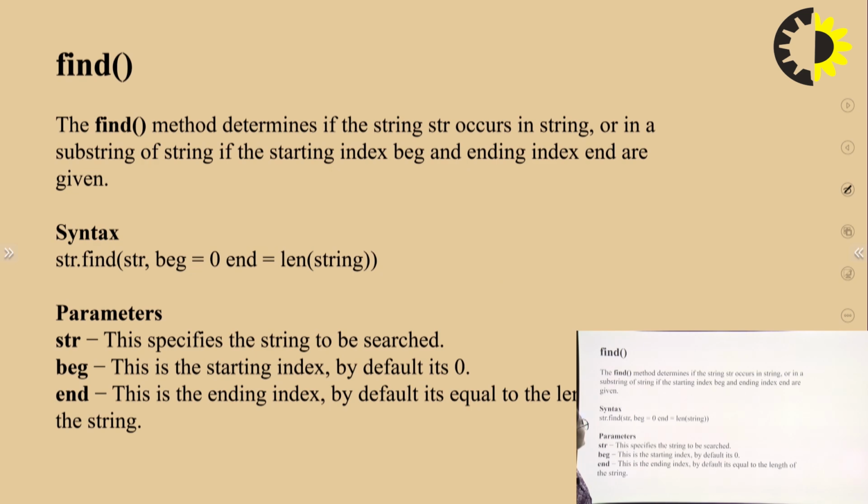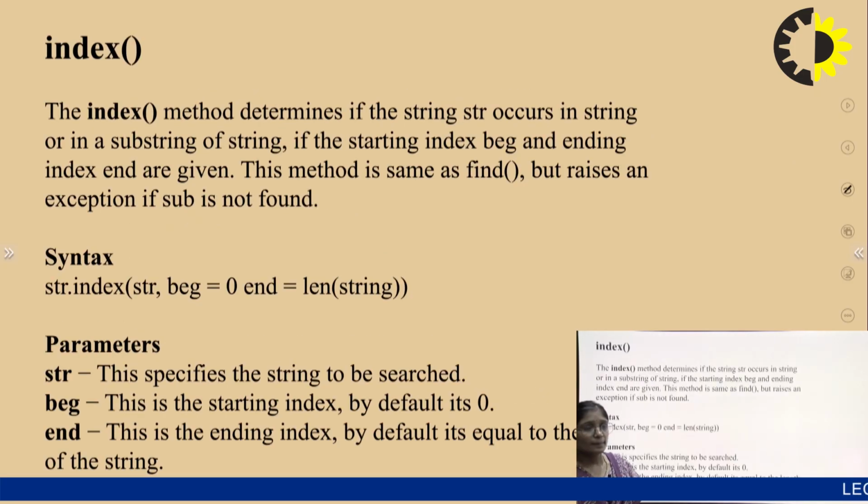Next is find. The find method determines if the string occurs in a string or in a substring of a string, if the starting index, beginning and ending index are given. Now, what is the syntax? String dot find. The beginning is 0 and the end is the length of the string. Next is index.